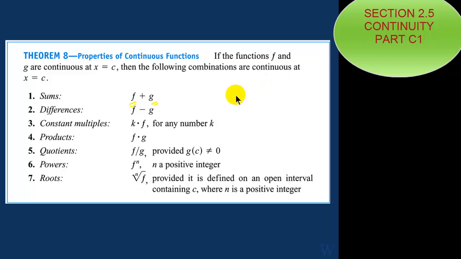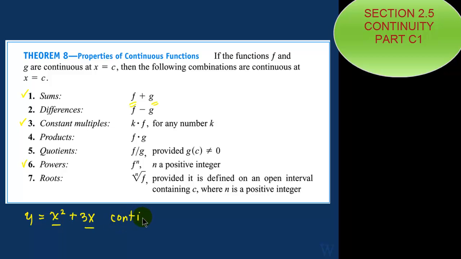Just to give you a few examples, if I have y equal to x squared plus 3x, this is a continuous function. It's powers of the identity function. Here it's a constant multiple of the identity function, and then the two together is the sum, and that makes y equal to x squared plus 3x continuous.